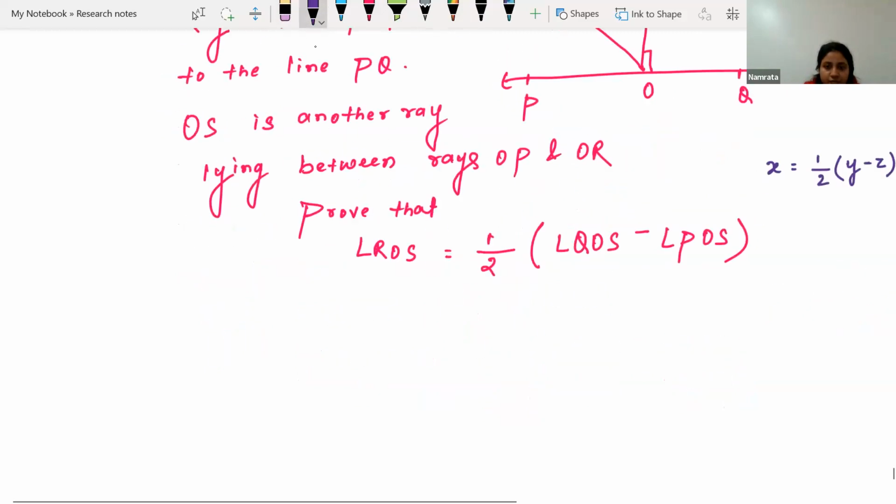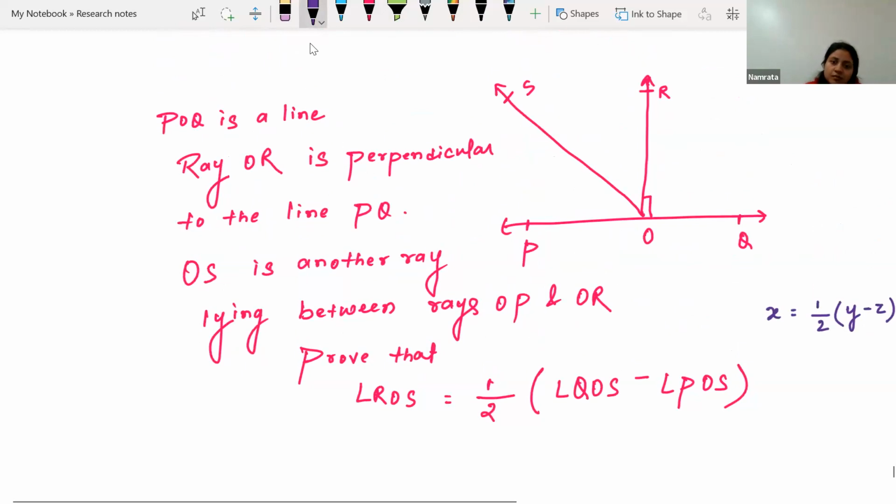POQ will equal to 180. So we can say that POS plus SOR plus ROQ all together are making 180. That we are saying by ourselves, right? Yes. Since ROQ is given as a 90-degree, okay, perpendicular means 90 only.